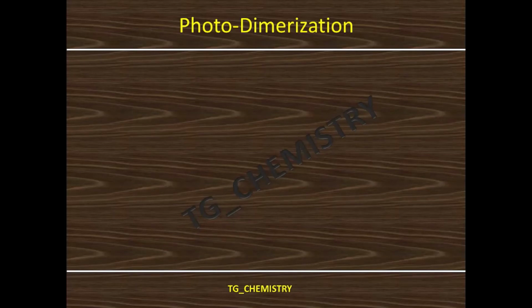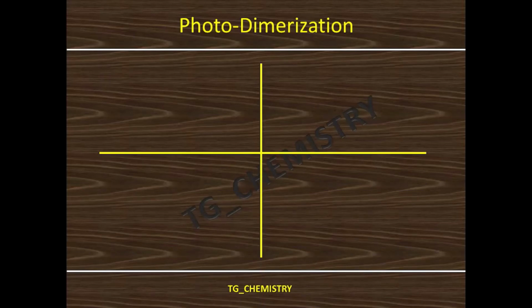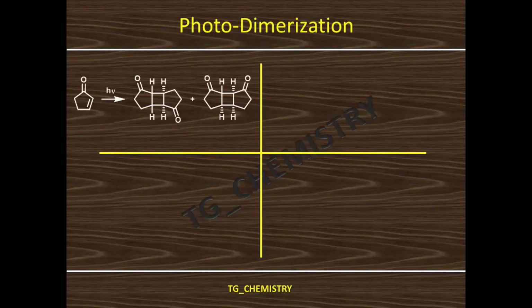So here I will be showing 4 examples of photodimerization reactions, and the first one is here with a cyclopentenone upon irradiation with photochemical light or photons, ending up with a dimerized product and a mixture of structural isomers, as you can see over here, and eventually this 2+2 cycloaddition for this photodimerization ends up with a cyclobutane ring at the junction of the 2 fused 5-membered rings.